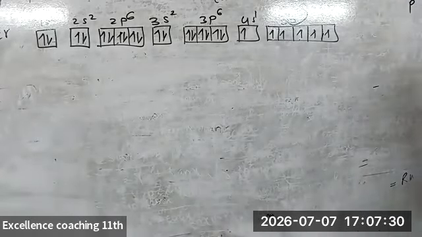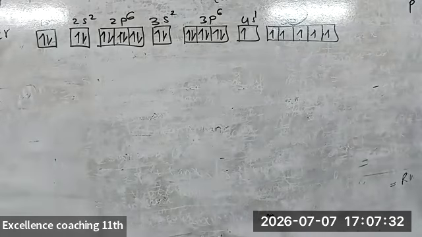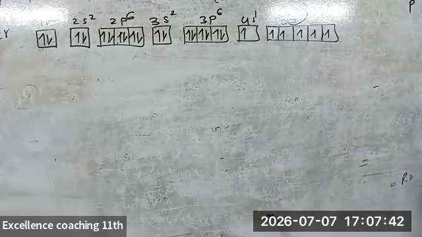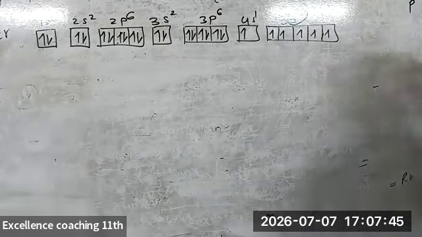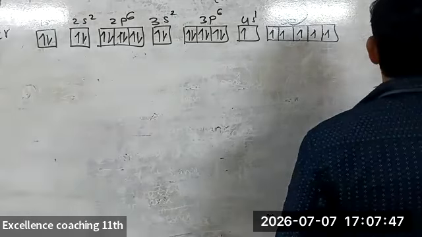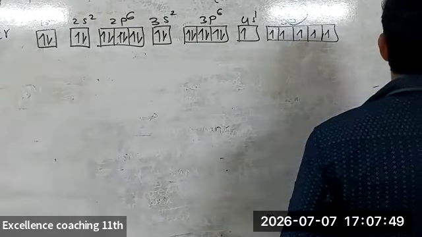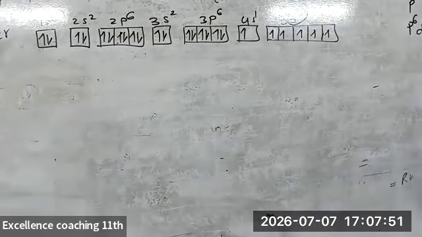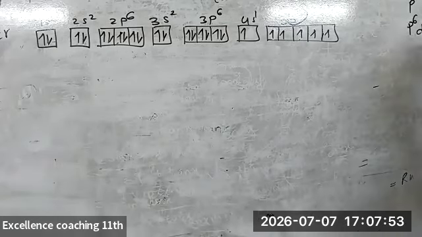And just mark with a marker: half-filled stable configuration. Then p6, d10, f14. Sorry, f small, no, capital, sorry.